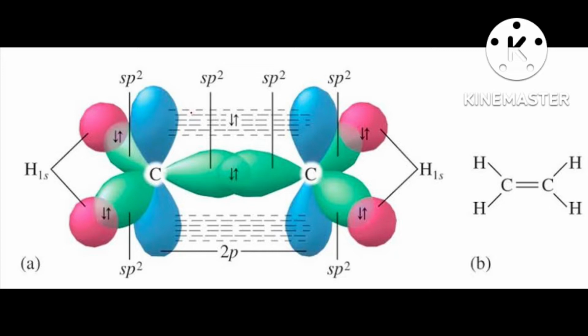It applies to all. We know that the shapes of CH4, NH3, H2O molecules are tetrahedral, pyramidal and bent respectively. Already I have discussed.